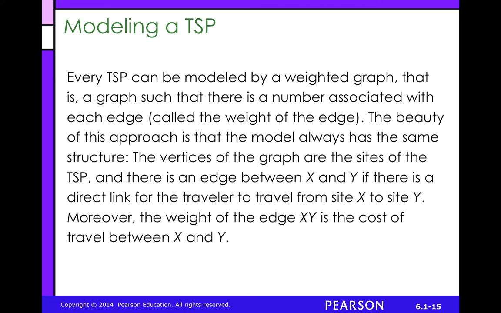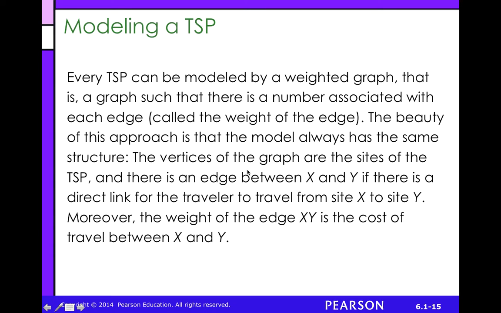Okay, so every traveling salesman problem can be modeled by a graph, and in particular a weighted graph. Weighted just means you draw numbers on each edge, and that number represents a cost to get between two sites. So it's a graph such that there is a number associated with each edge, and the number is called the weight of the edge. The beauty of this approach is that the model always has the same structure.